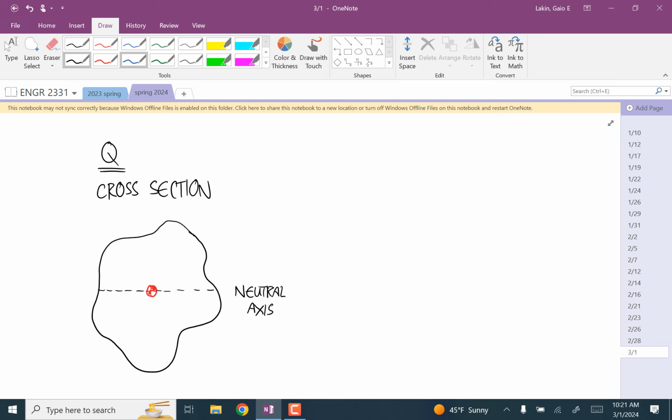And let's say that you want to calculate the stress due to shear force along this line.